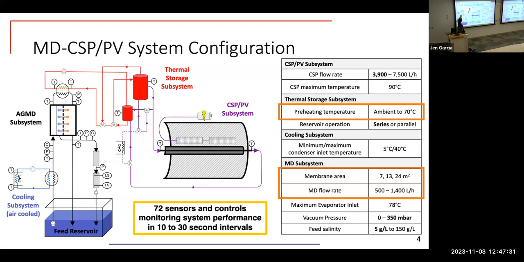And then we look at other things like our membrane area, heat exchanger length, and the trade-off between energy efficiency versus water production. And then we're looking at flow rate as well, which gets to the question of whether we can reduce any temperature or concentration polarization that would happen at the membrane surface that would limit our water production.